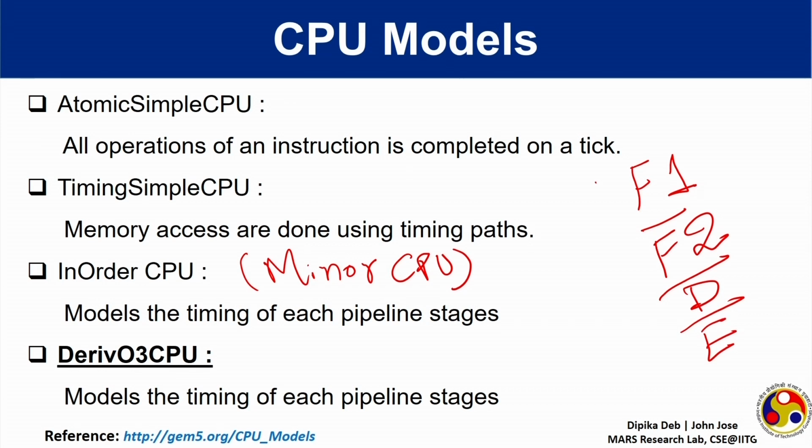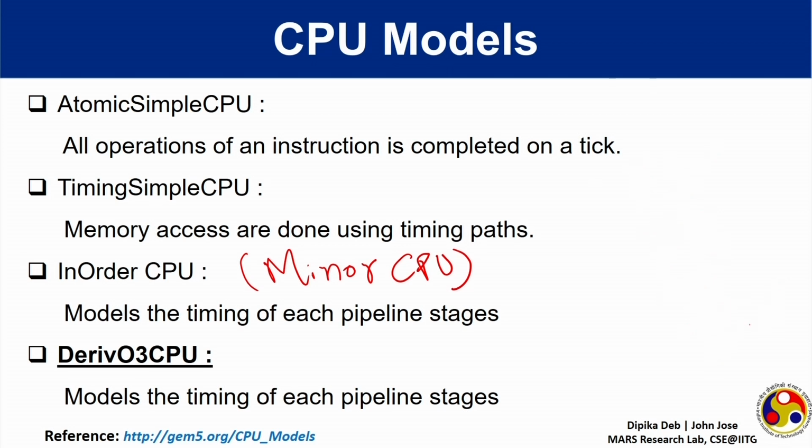In the in-order CPU or Minor CPU, the program fetches in order and it also executes in order.